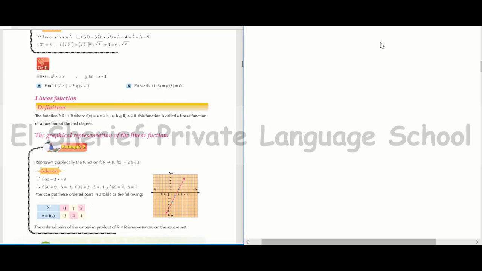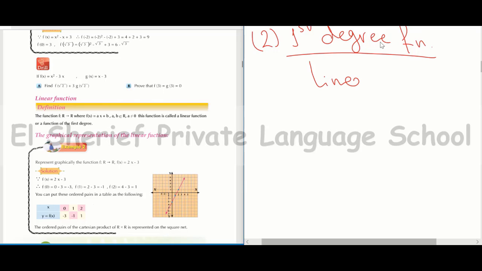The second type of polynomial function is the first degree function. Number 2, first degree function. And it's called linear function. This function, its domain is a real number and also its codomain is a real number.